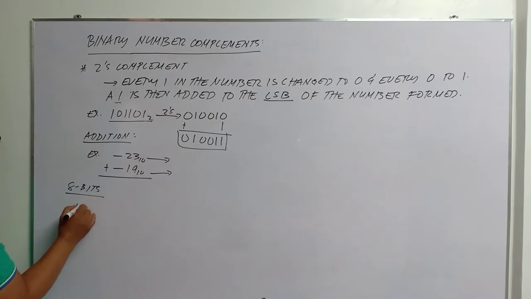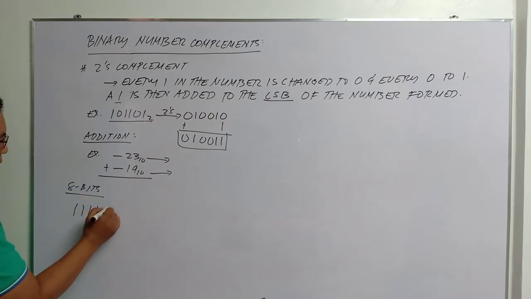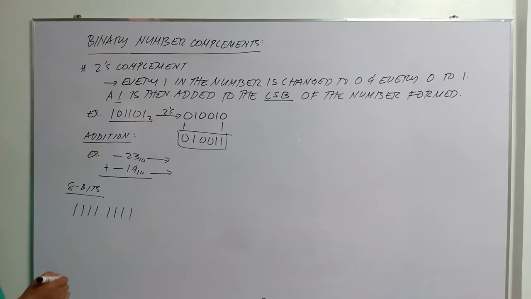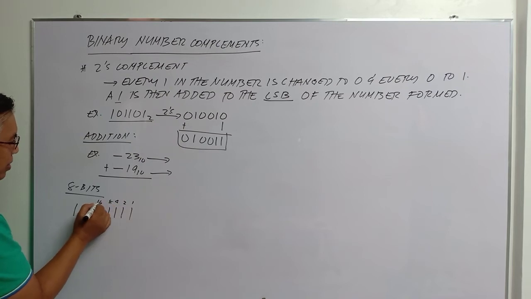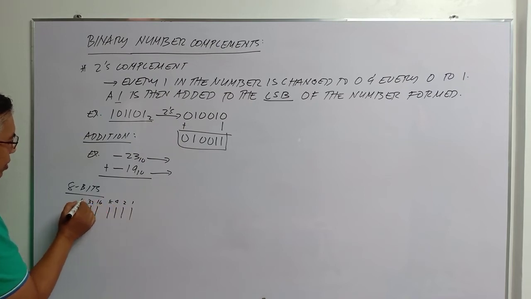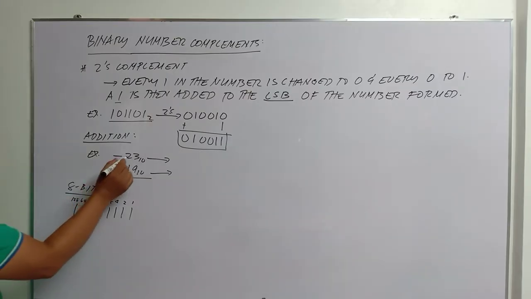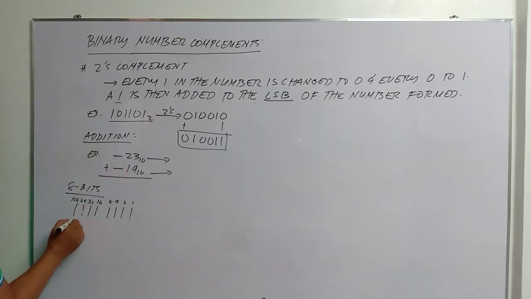So, minus 23. Again, we make a series of 8 ones because we'll be using 8 bits. So, this is 1, 2, 4, 8, 16, 32, 64, and then 128. What is 23? You have 0, 0, 0, 1.